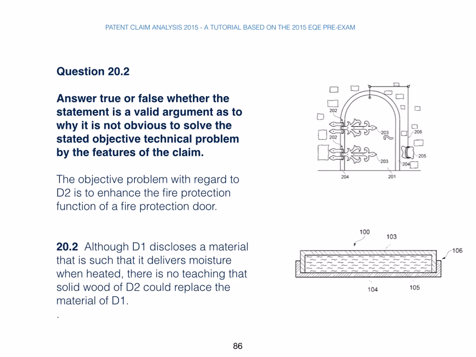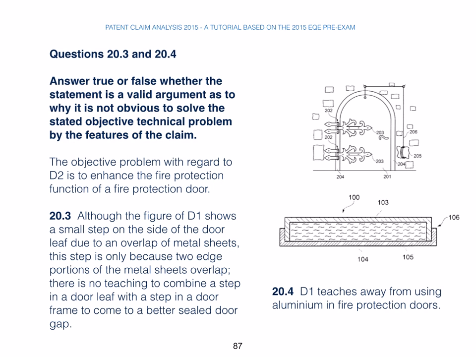So make up your mind whether that argument is valid, and we'll turn to 20.3. 20.3 and 20.4 are both about whether the argument is not obvious to solve the stated technical problem by the features of the claim. The figures show D2, the closest prior art, and D1, the secondary prior art.